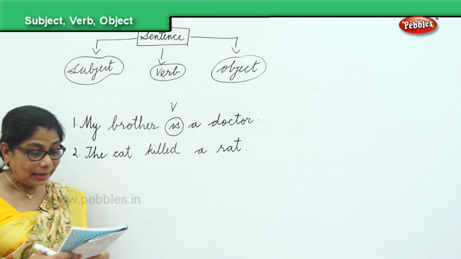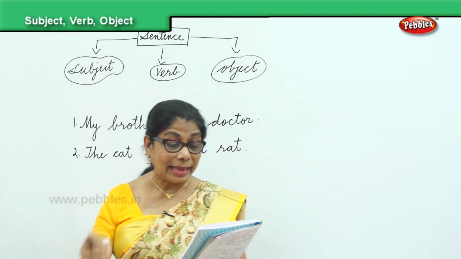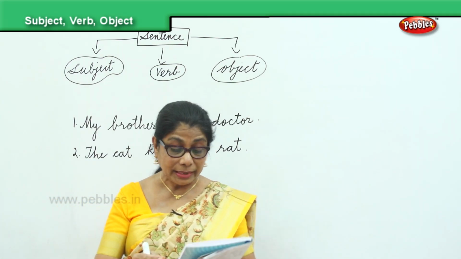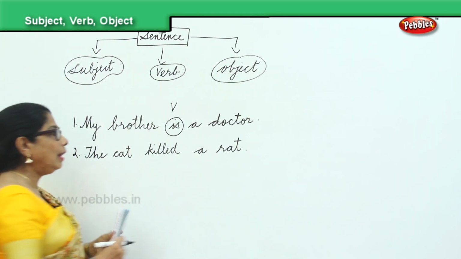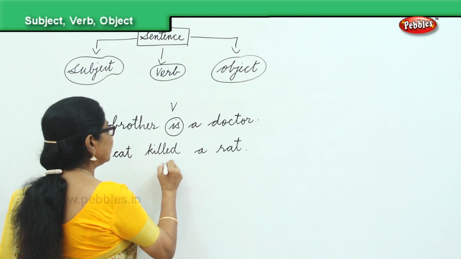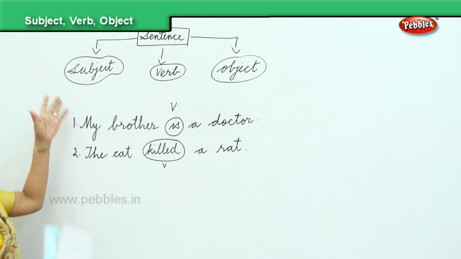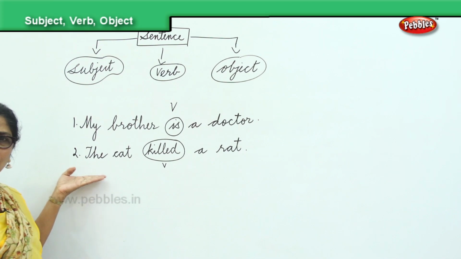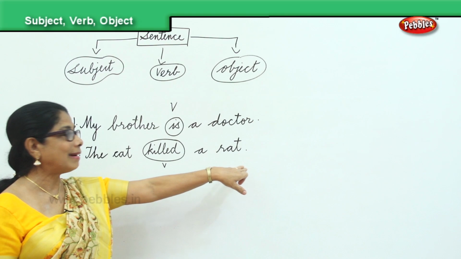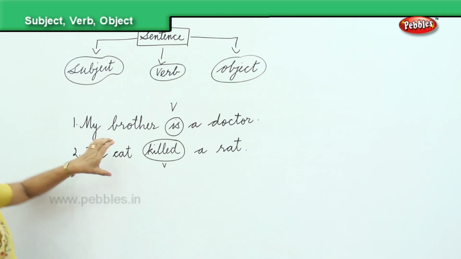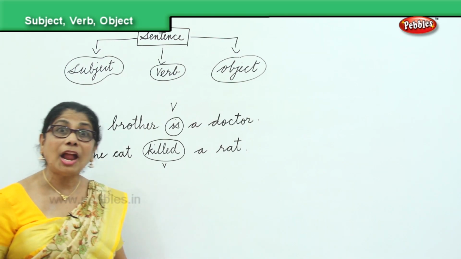Every sentence has a subject that does the action. What action is the cat doing? Killed. This is the verb. Where is the subject? The cat. And which is the object? The rat. Now, did you get it? Cat is the subject. Killed is the verb. The rat is the object.